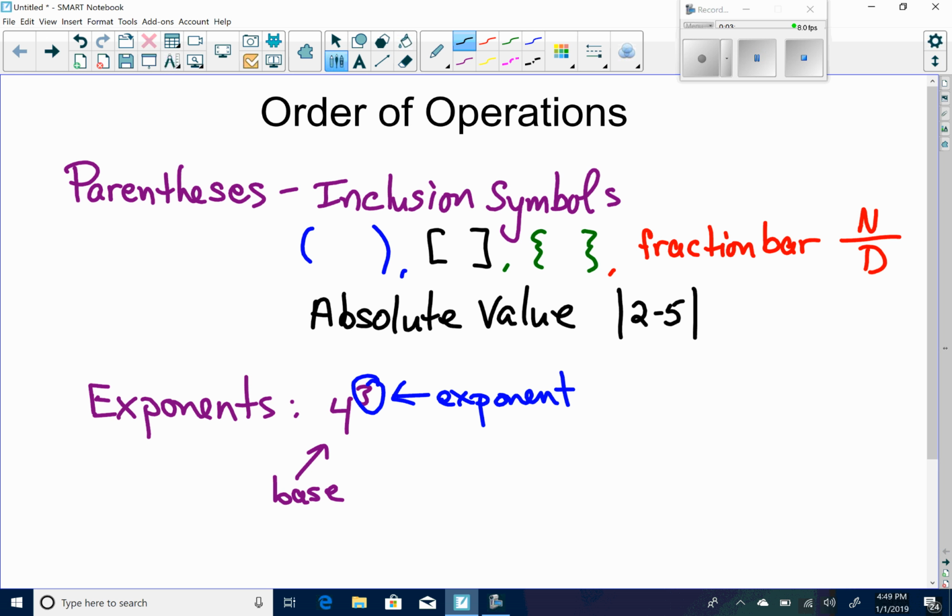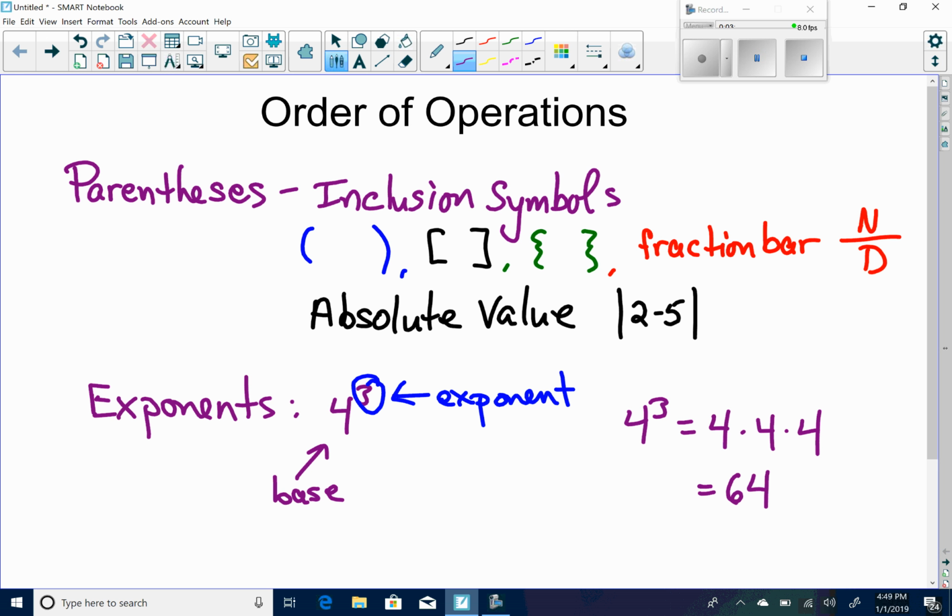One description of 4 cubed: the exponent simply tells us how many factors of the base we're multiplying, or how many factors of 4 in this case. So that means 4 times 4 times 4. 4 times 4 is 16, and 16 times 4 is 64.